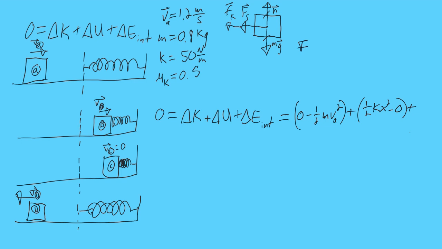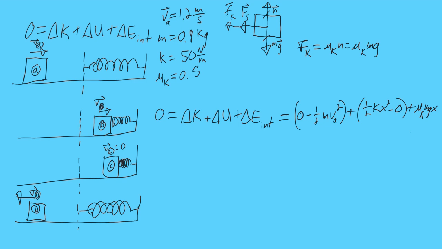The force of kinetic friction is equal to mu_k n, which is equal to mu_k mg, and it's times x here. I'll clean that up in just a moment. You'll see it look much better.